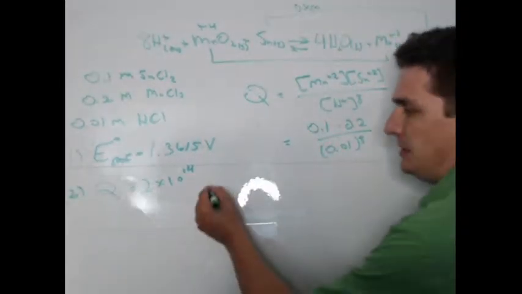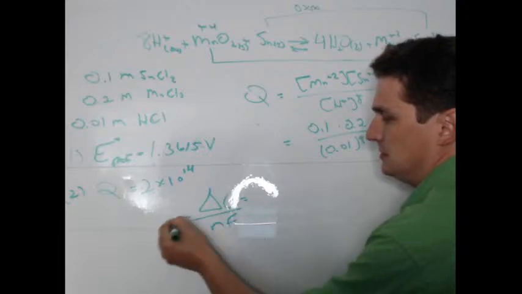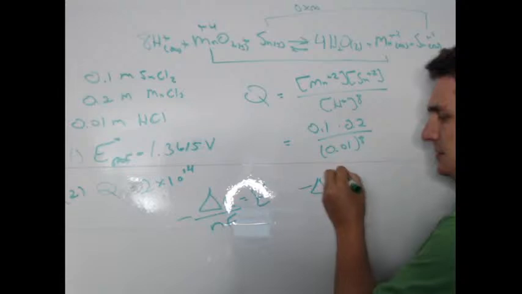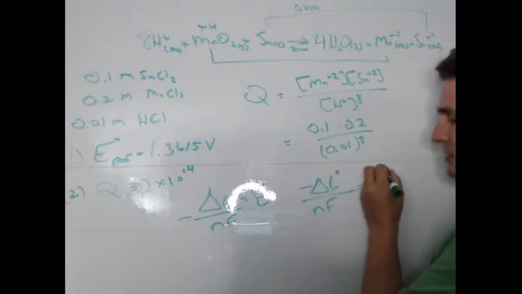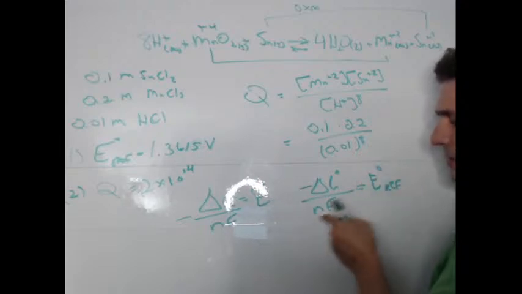So there is the relationship that delta G over NF is your voltage. And so your reference voltage is just your standard Gibbs free energy over NF.